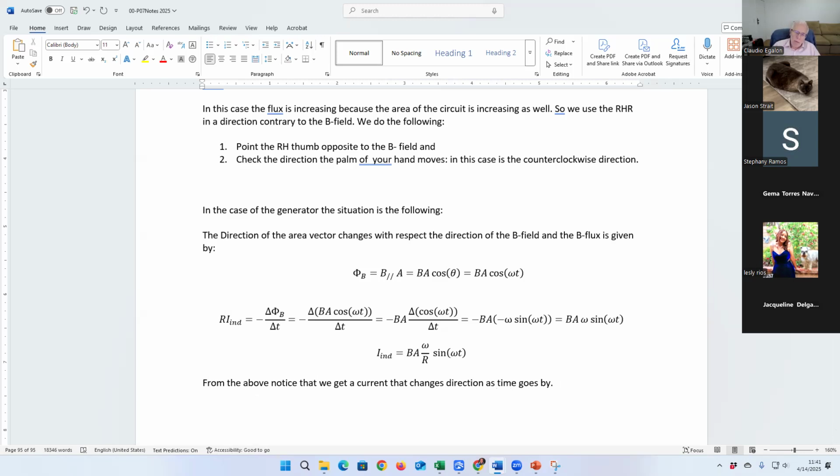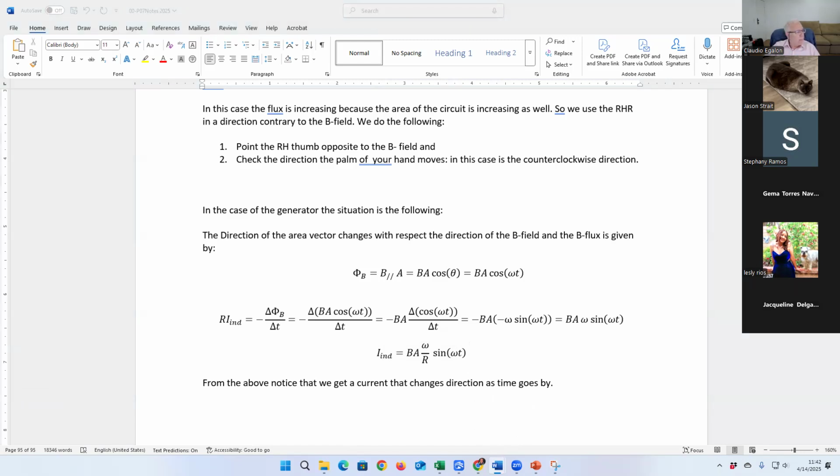The current is going to flow in one direction while the sine of omega t is positive. The sine goes from 0 to 1, right? From 1 to 0. And from 0 to -1, -1 back to 0, right? That's what happens.